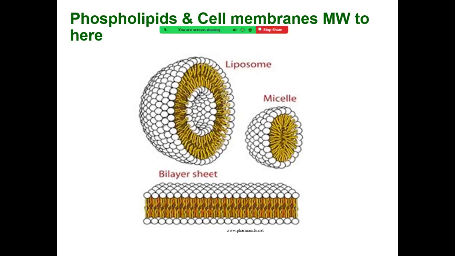The cell, especially an animal cell, will be surrounded by the cell membrane. And that's what this is here, with the phosphate heads being on the outside of the membrane, and the phosphate heads being on the inside of the membrane, with the tails making the phospholipid bilayer of the cell membrane.